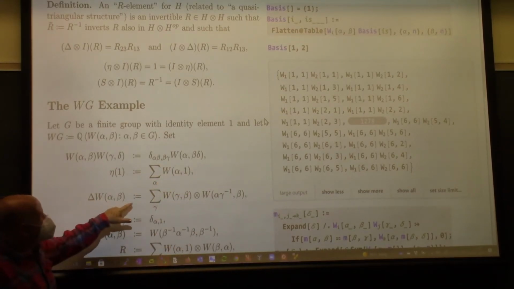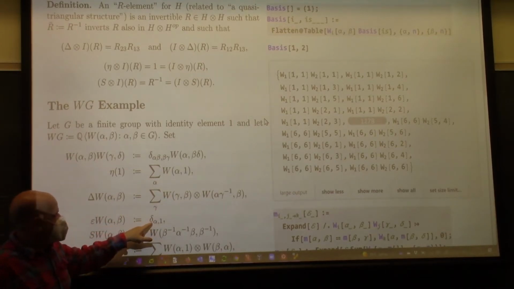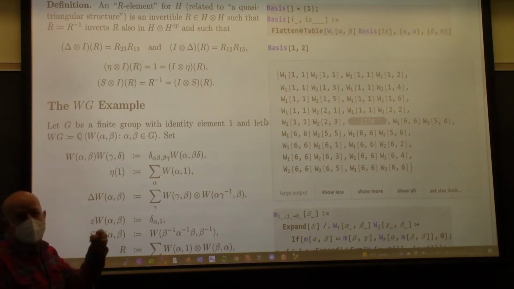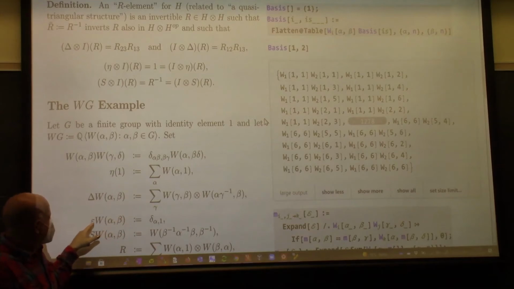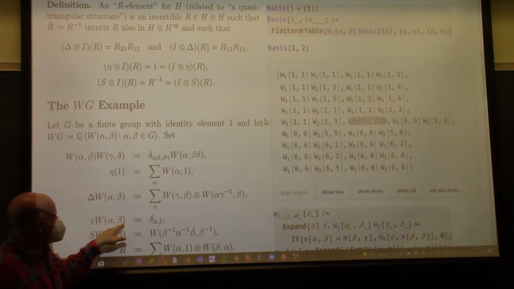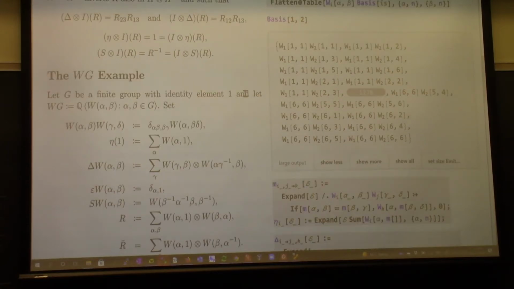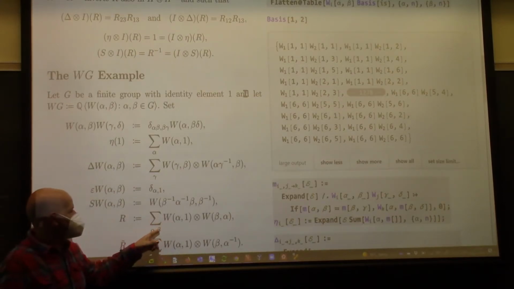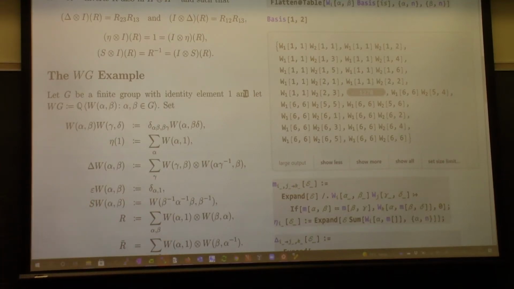The coproduct is defined in this funny way. Epsilon is a map into the scalars, so I just need to give you a number on the right-hand side. So the number for alpha beta is the Kronecker delta of alpha with 1. The antipode is defined in this funny way, and then the R element is defined in this funny way, and no one sane can remember this.